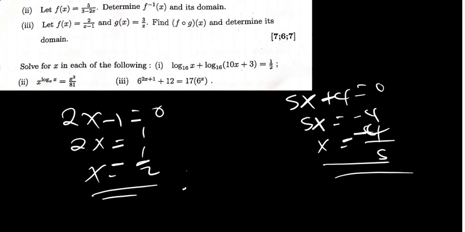What you have to do with logarithms: you can't have a log with a negative value, it is undefined. So you check your answers. If I plug in this answer, negative 4 over 5, don't you think that this is going to be undefined?